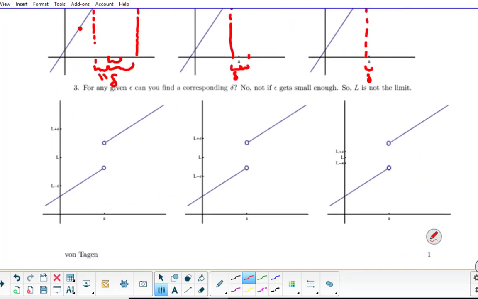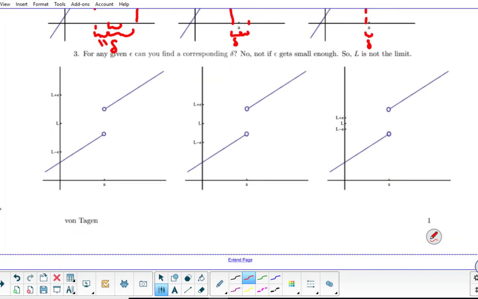So let's just see where this breaks down. Again, the same question. Let's suppose you think the limit as x approaches a of f of x here is L. Let's suppose you think that as we get closer and closer to a, our y values get closer and closer to L. Well, somebody says, okay, I'll give you a tolerance of 0.1.